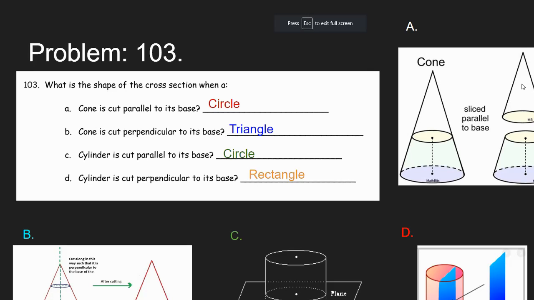Now for number 103. First, for 103a, we must remember that parallel means two lines that never touch, that have a set amount of distance, but we can use a visual example in our own heads to help us solve this cross section. Now think of a parallelogram.